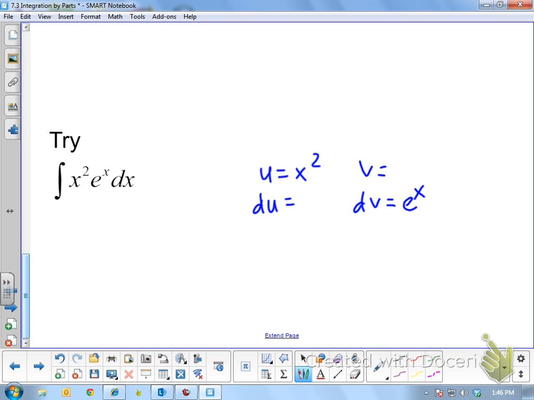We differentiate x squared to get 2x. We integrate e to the x with e to the x. It's not as important because the integral and the derivative are the same. But we are integrating to get v. We plug them into our formula. We have uv minus the integral of v du.